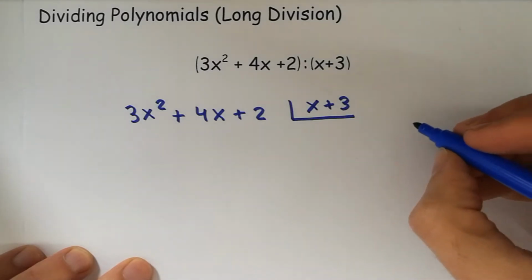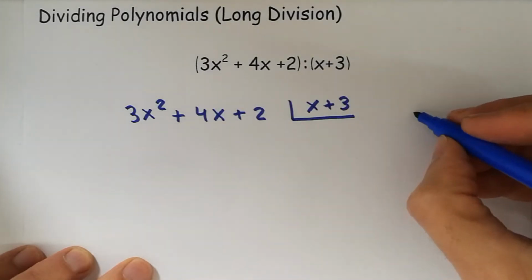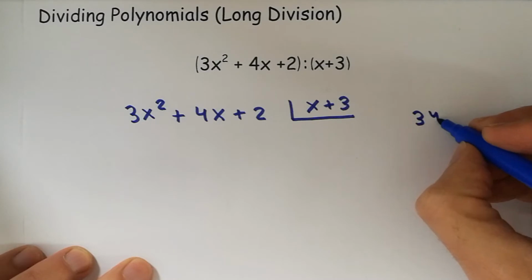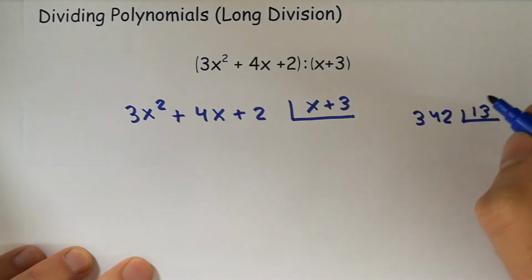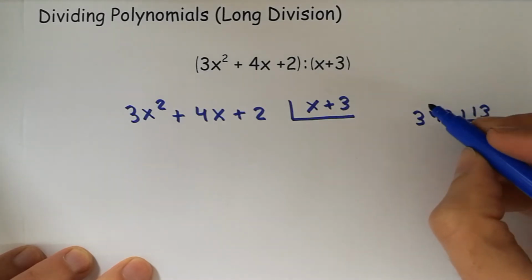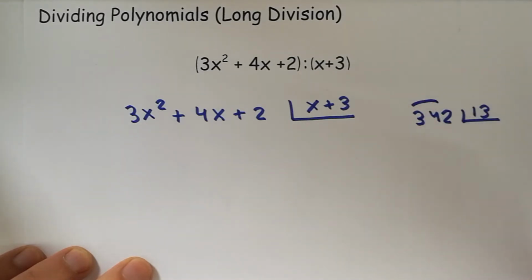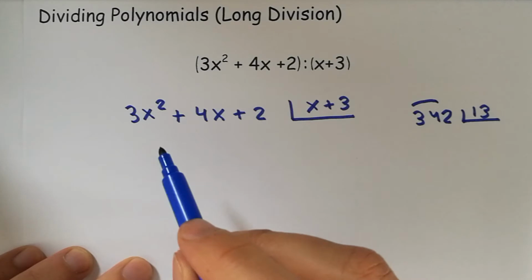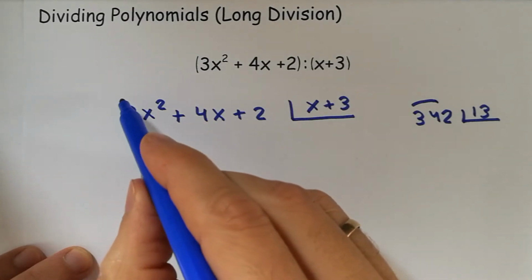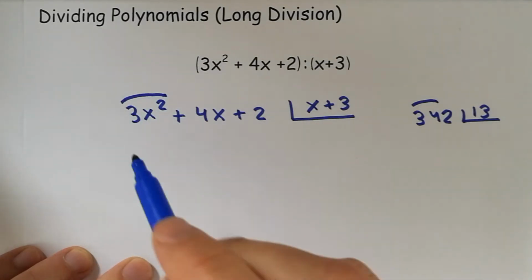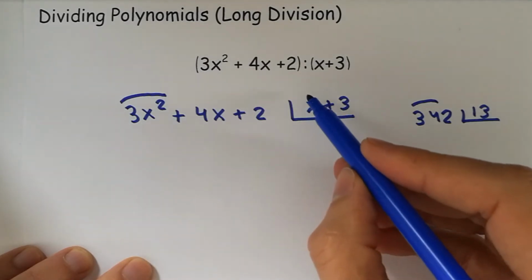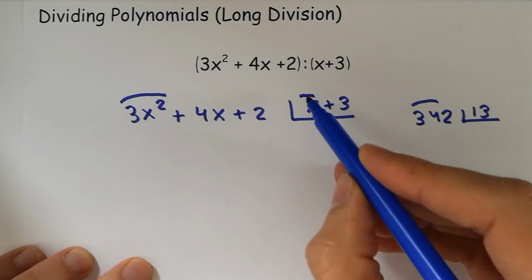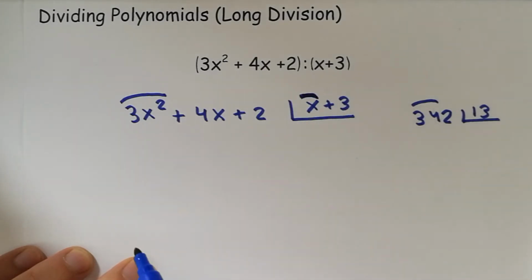Well, if we had a number, we would choose 2 digits to start with, and with polynomials it's easier than that. You always choose the term with the higher degree.